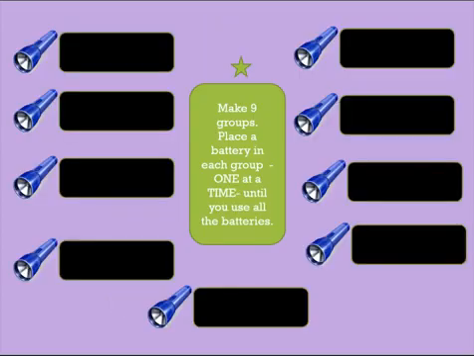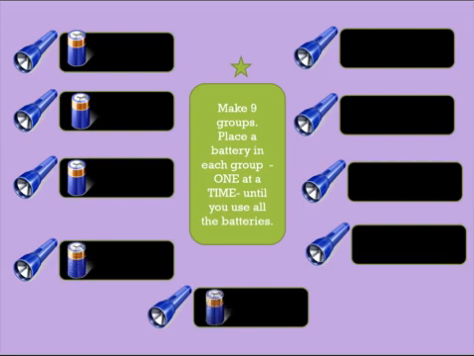So I have my 9 flashlights here, and I'm going to take my 27 batteries and put 1 in each flashlight until I run out to see how many batteries are in each. 1, 2, 3, 4, 5, 6, 7, 8, 9.